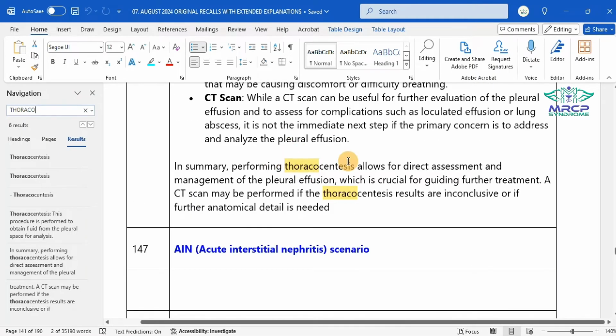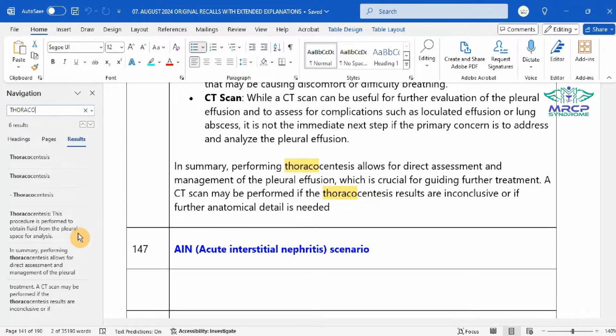Thoracentesis allows for direct assessment and management of the pleural effusion, and CT scan should only be performed when the result is inconclusive or further anatomical detail is required.